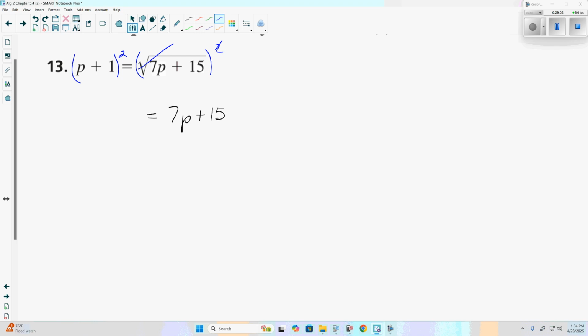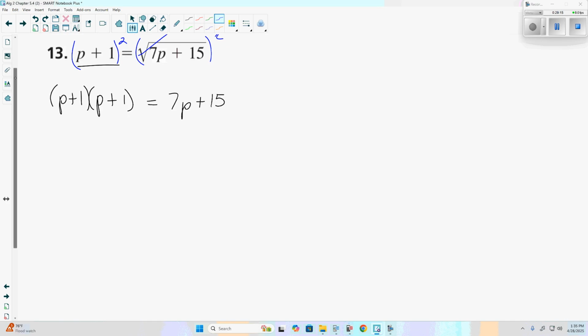So that's fine there. On the left-hand side, I have two things being added together that are being squared. So we have to multiply it by itself. We can't just square both the p and the 1. Because p times p would indeed give us p squared.